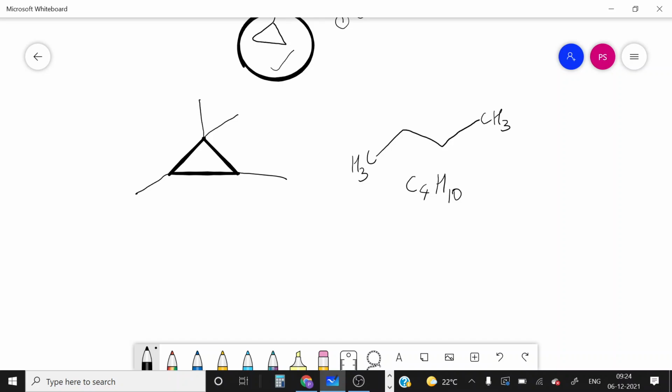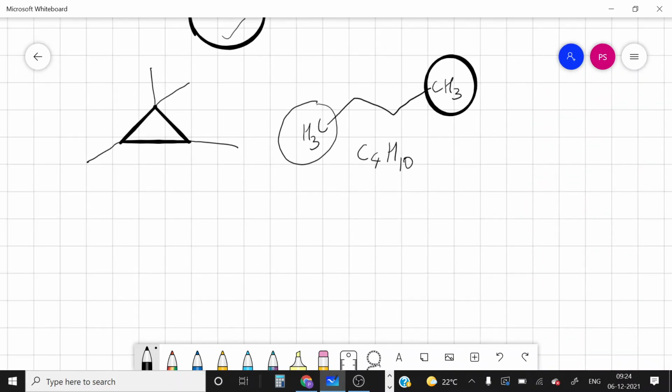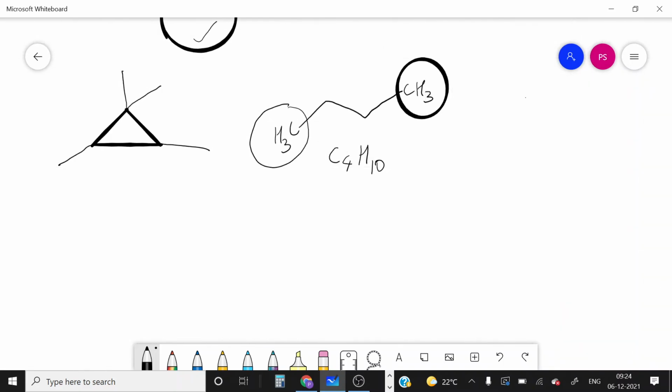Now I am going to connect these two terminal carbons and form a ring. Okay, so I am going to form a ring. Now you can see here total 4 carbons are there, 1, 2, 3, and 4. But as this compound is a ring compound, cyclic alkane, the formula of this compound is C4H8.